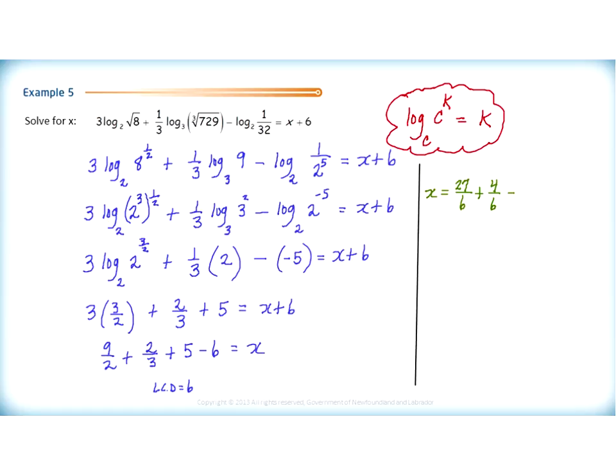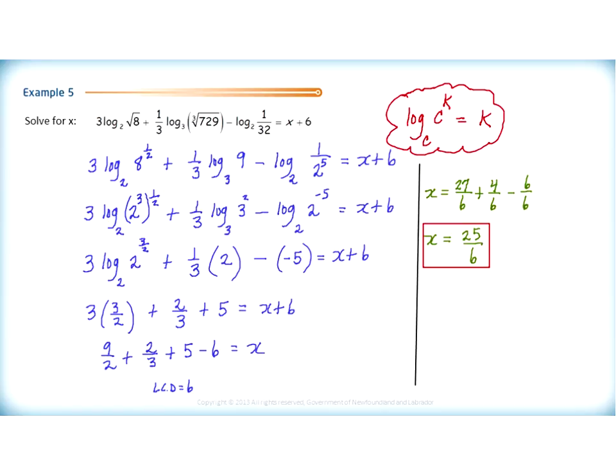And minus 1 there, 5 minus 6 is a minus 1, which is the same as minus 6 over 6. 27 plus 4 is 31. 31 minus 6 is equal to 25 over 6 as our final answer.